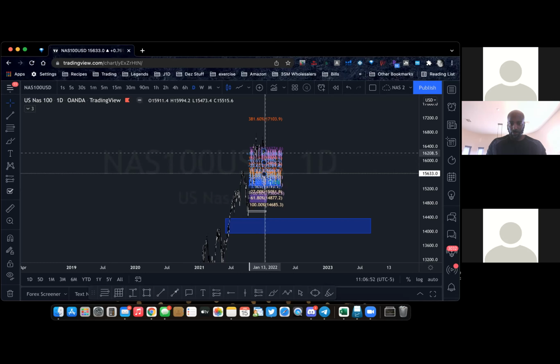I box it up, and after 3:30 I start reading it, and that helps with market direction. It kind of gives you the flow of the market for the next day.